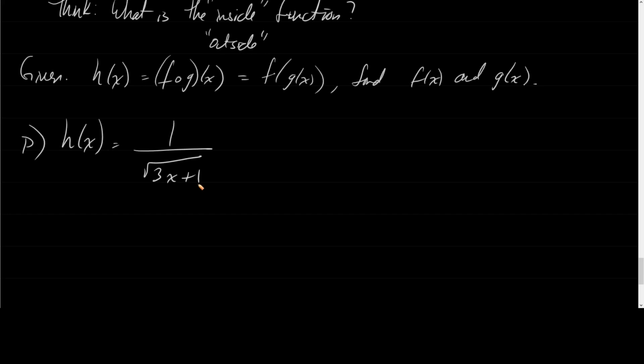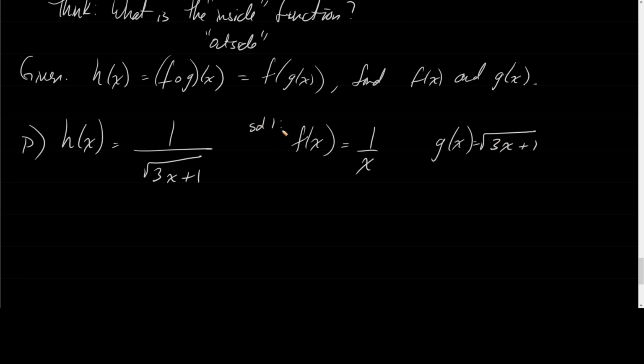So one possible solution for this, what would it be? Well, I can see that overall I've got a fraction, so I can say that, for example, the outside function could be the fraction, 1 over x. And then the inside function could be the denominator, the square root of 3x plus 1. So that's one possible solution.